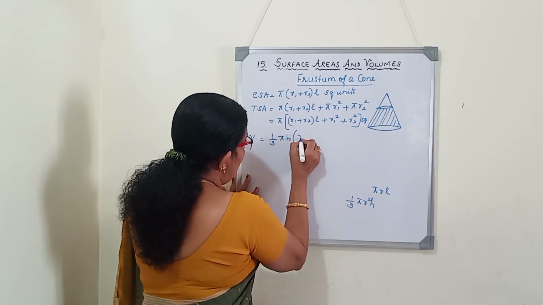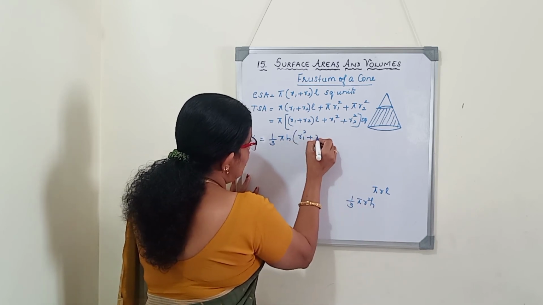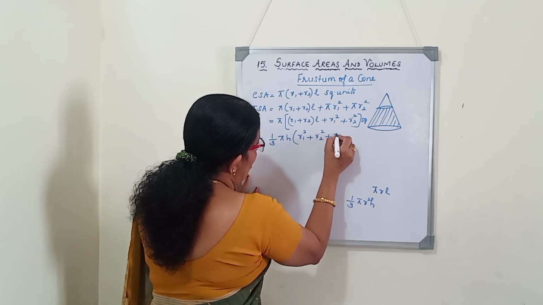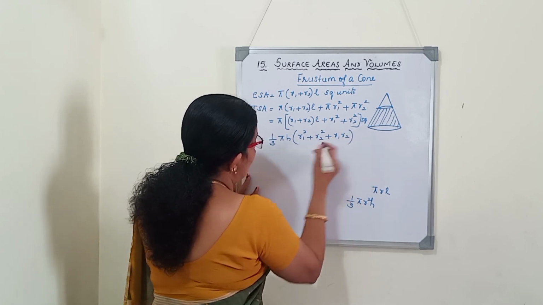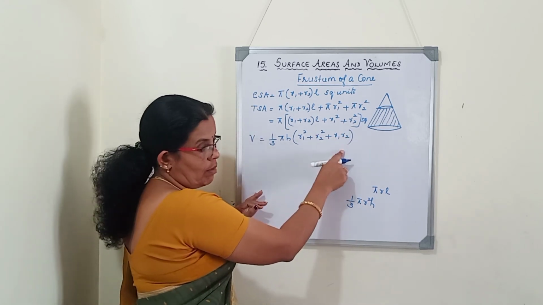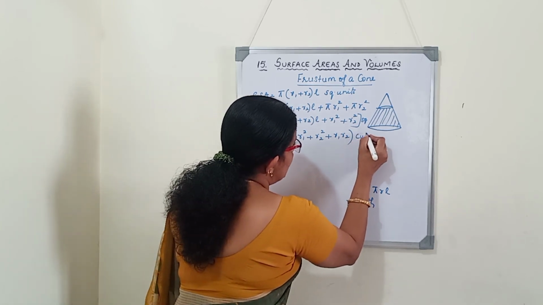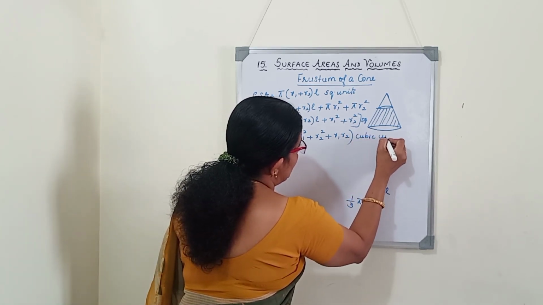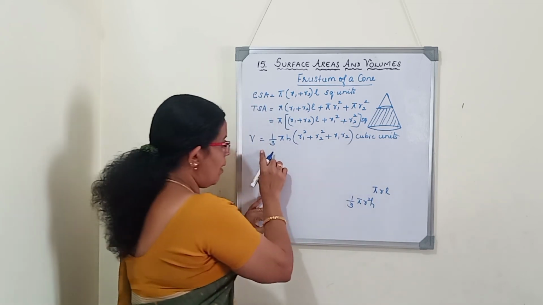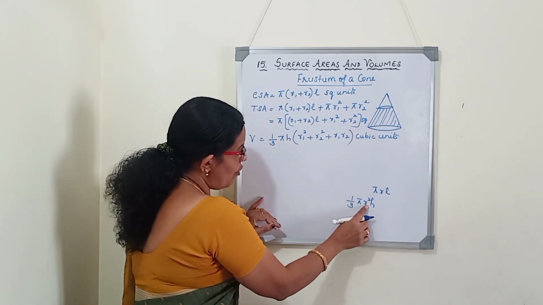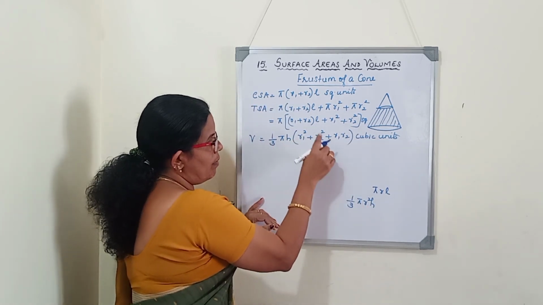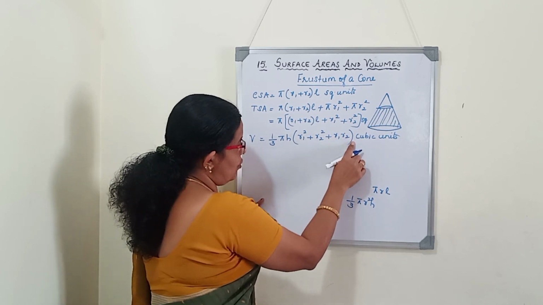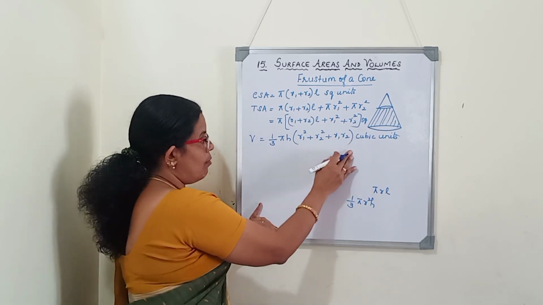When r comes, it is r1 square plus r2 square plus r1 r2. This is the formula to find the volume of the frustum of a cone, cubic units. 1 by 3 pi h, instead of r square, r1 square plus r2 square plus r1 r2. This is the volume of the frustum of a cone.